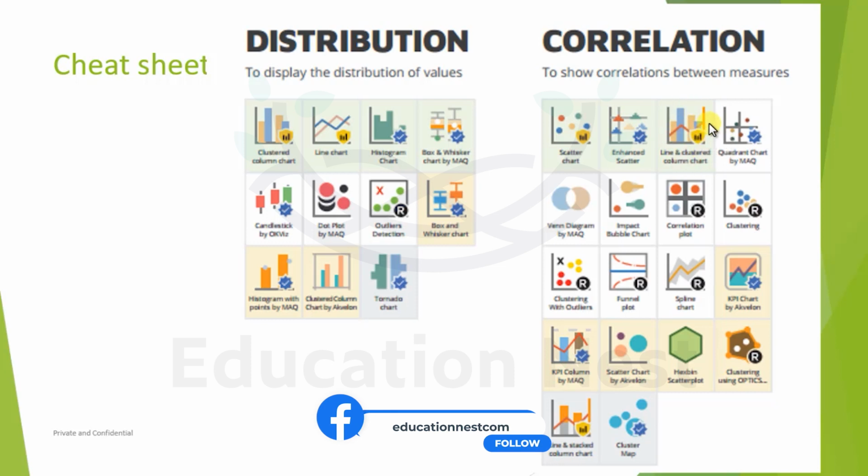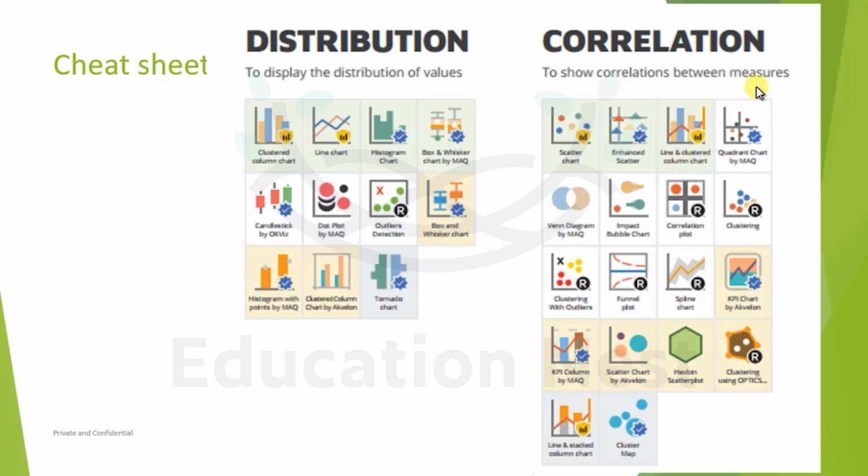The share price is not directly related to the sales, but yes, share prices change over a period of time. So if there are two distinct measures which are only loosely coupled on one basis, which is time, or any other basis, then you can make use of correlation charts.